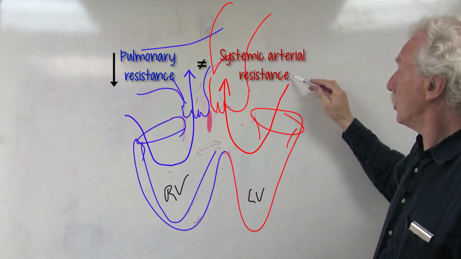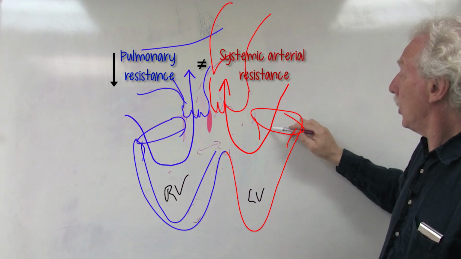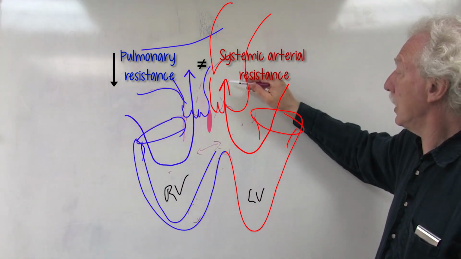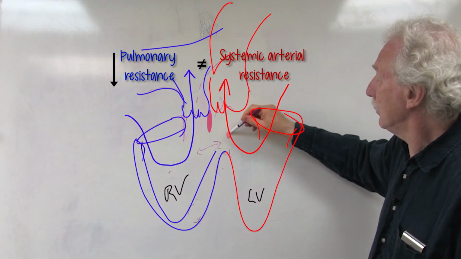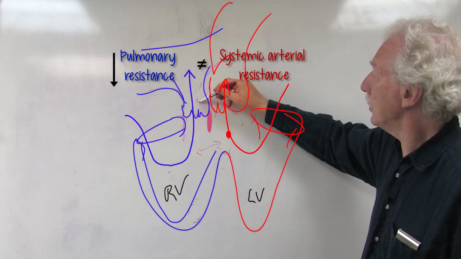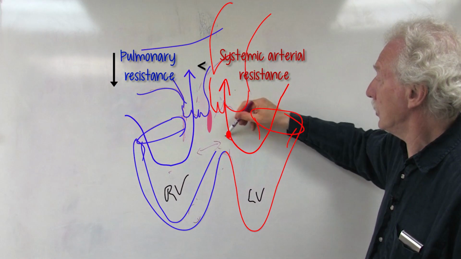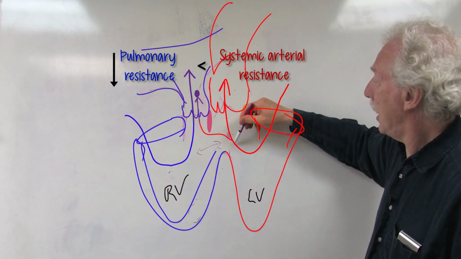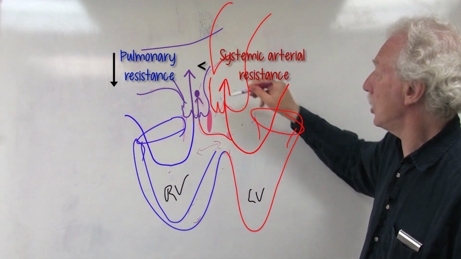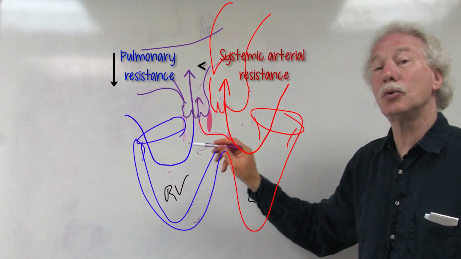Left atrial blood returning from the lungs goes across the mitral valve, left ventricle, to the aorta. But if the pulmonary resistance is lower than the systemic arterial resistance, you might in fact have more blood shunting from left to right.